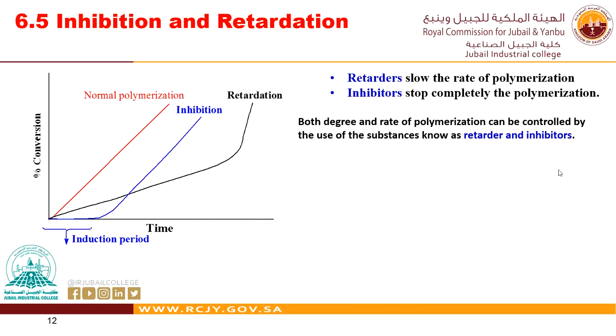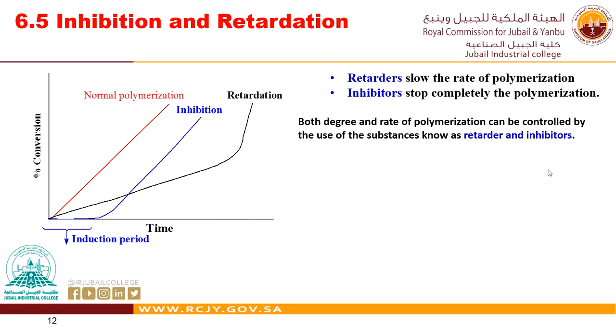polymerization is required. This process is usually limited to monomers that are very reactive, like styrene and other monomers, and that is why these monomers cannot be stored or transported without inhibitor.